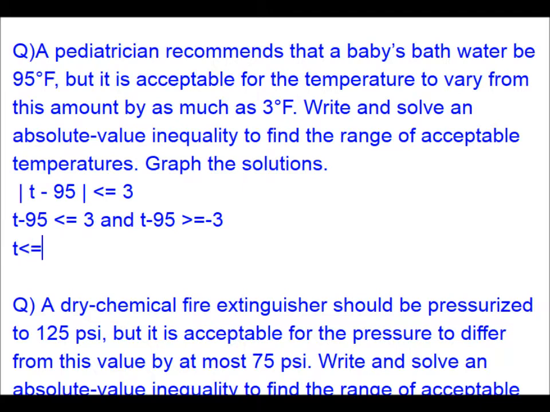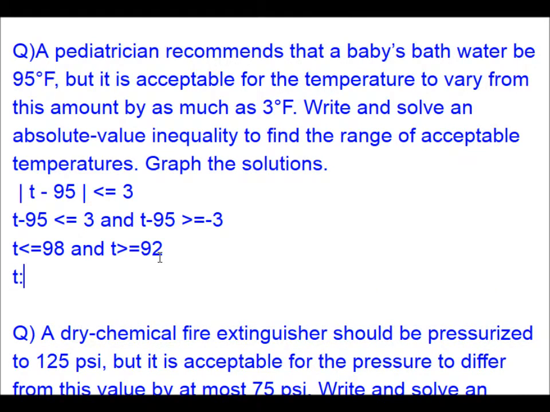T is less than or equal to 95 plus 3, which is 98, and t should be greater than or equal to, this is minus 95, so when it goes to the other side it becomes plus 95 minus 3, which is 92. So temperature should be greater than or equal to 92 and less than or equal to 98.